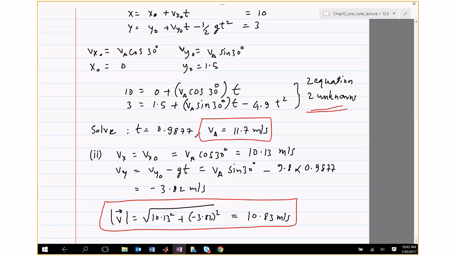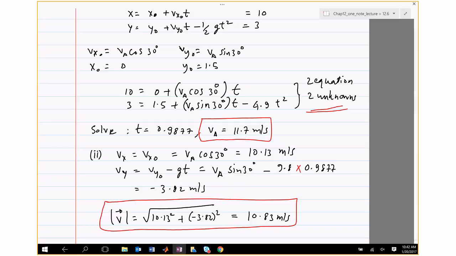Why does the x component of the velocity change? What part are you talking about? From our initial velocity to now? Oh, why is the velocity in the y direction changing? No, for the x component.